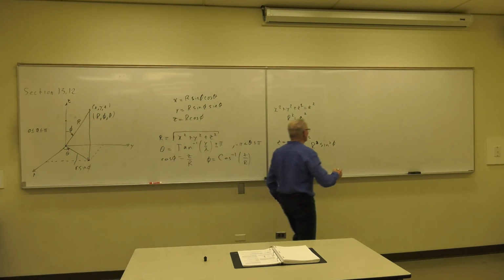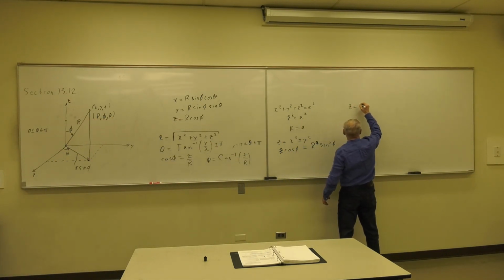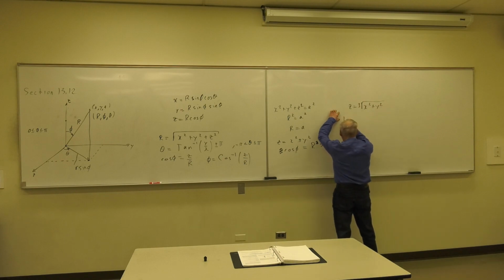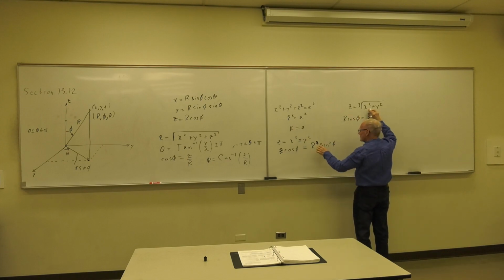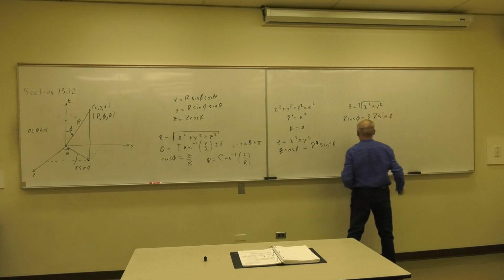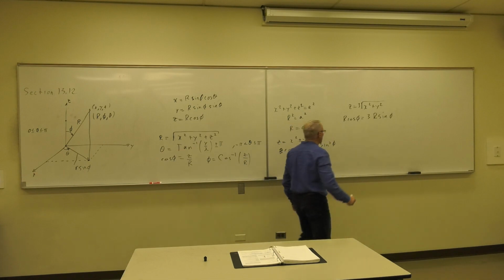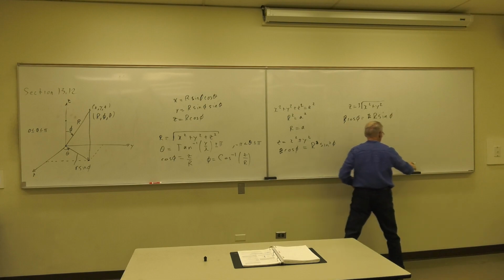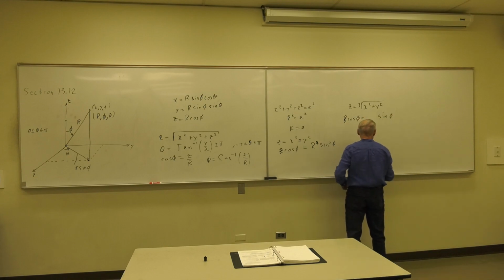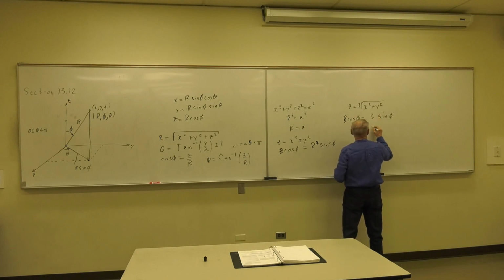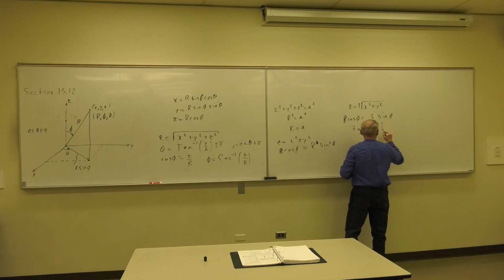What if I put that square root back again? z is equal to, let me put a 3 here, the square root of x squared plus y squared. Now we put the r cos phi, and we put 3, but now we have the square root, so we have r sine phi. We could cancel the r's. And what do we have now? If I divide by cos phi, I get tan phi is equal to 1 over 3.